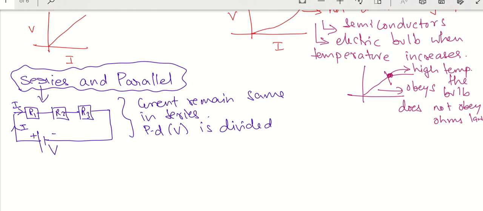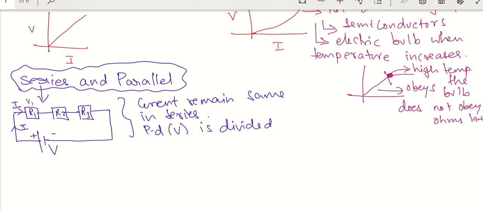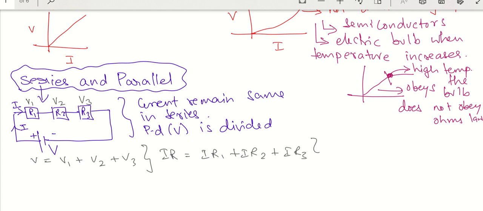So I will have here V1, here V2, here V3, which means V is equal to V1 plus V2 plus V3, which means I can write IR equal to IR1 plus IR2 plus IR3, which means R equal to R1 plus R2 plus R3. So this is the equation that we have for series connection.